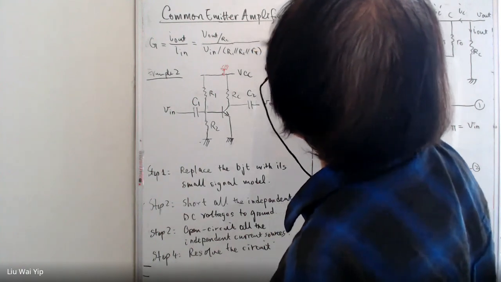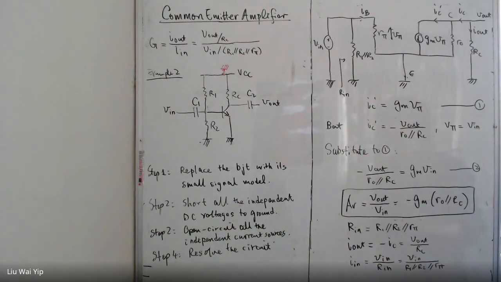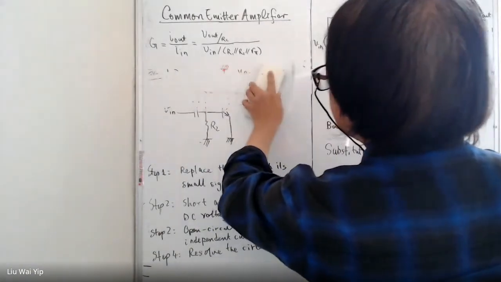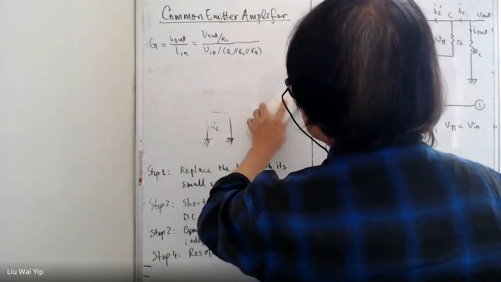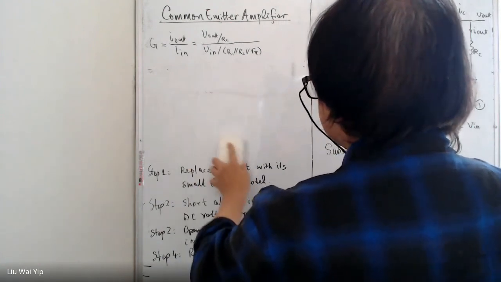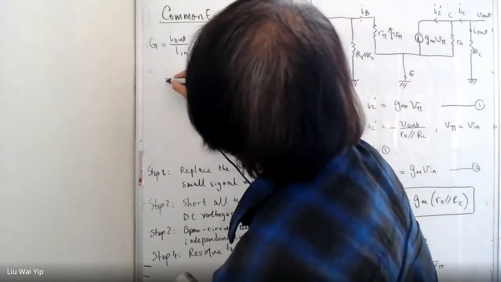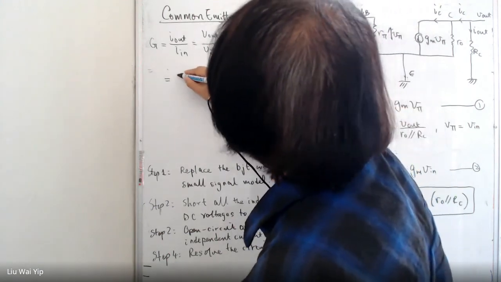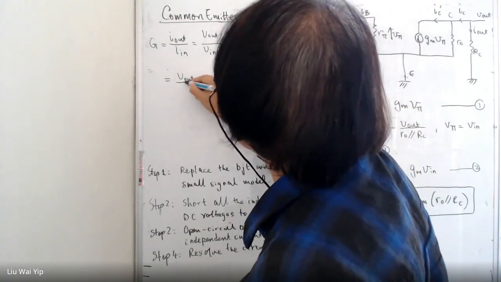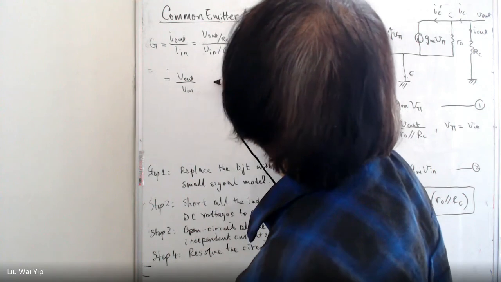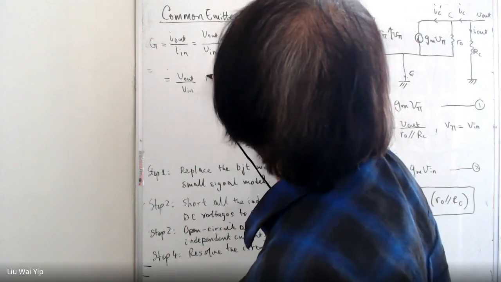Okay, so we are going to erase this circuit, and then we continue. And this one is equal to V out divided by V in, and then this guy here.